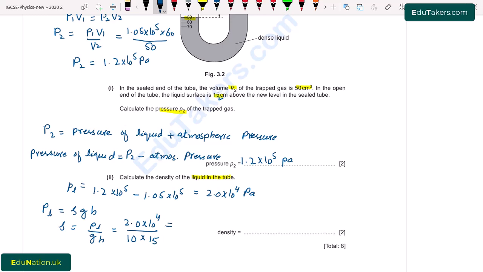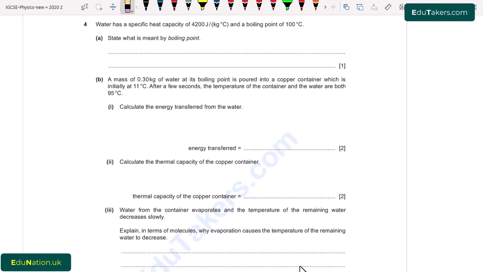So after simplification, I write 1.33 into 10 to the power 4 kilogram per cubic centimeter. So density must be equal to 1.33 into 10 to the power 4 kilogram per cubic centimeter. Question number 4.